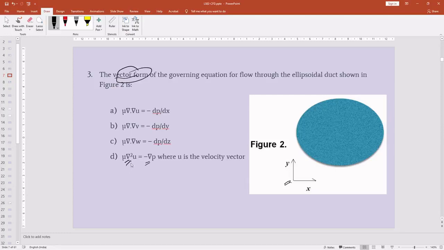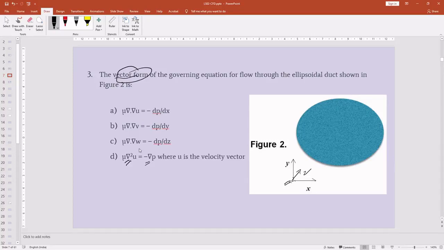So this is easy, but the confusing thing is, if you are concentrating on this particular coordinate system, then here the flow is happening in z direction. If you are thinking like the previous question, you won't be finding any answer here.